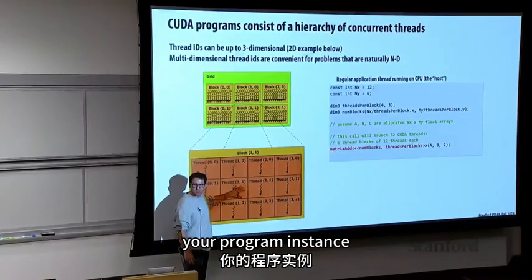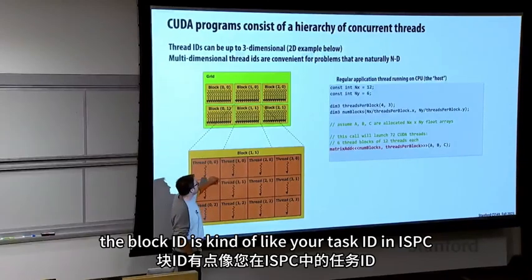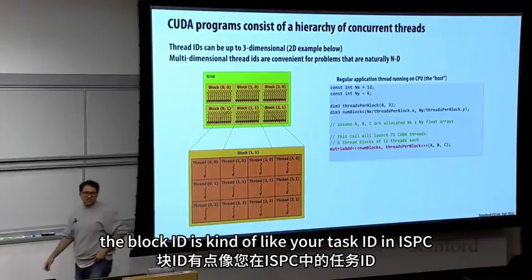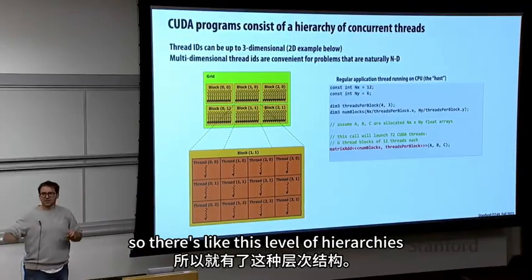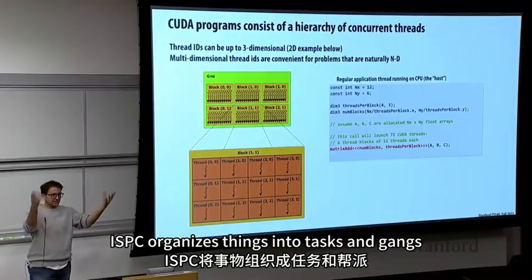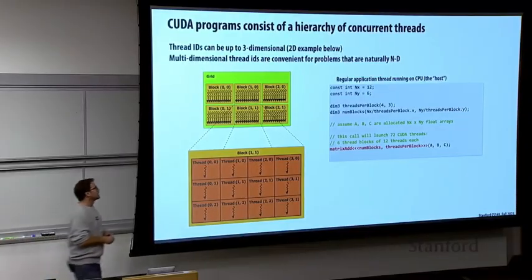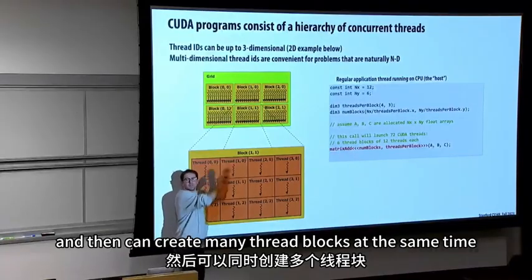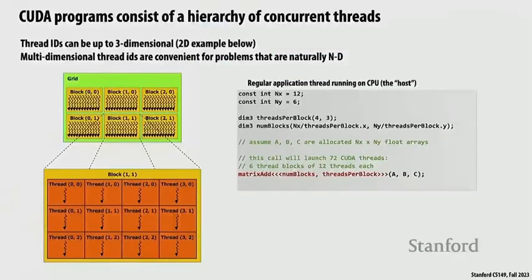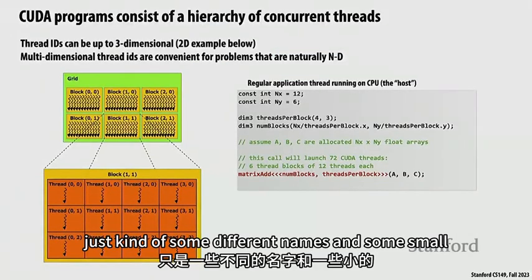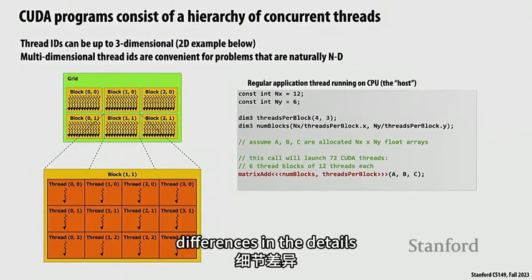The block ID is like your task ID in ISPC. So there's this level of hierarchy: ISPC organizes things into tasks and gangs inside the task, while CUDA organizes itself into thread blocks and then can create many thread blocks at the same time. Okay, no new concepts, just some different names and some small differences in the details.